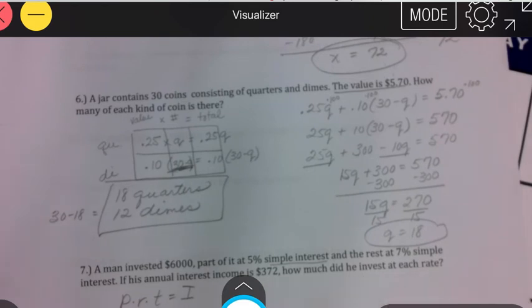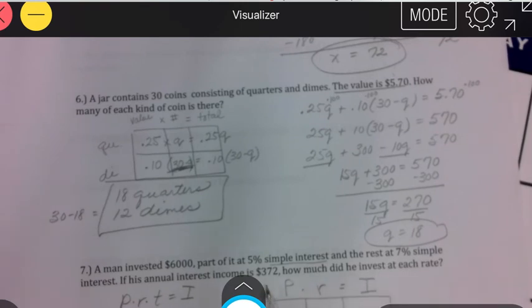Okay. So we have two different rates. We have our 5% rate and we have our 7% rate. Principal times rate times time, but time is equal to 1 year, is equal to our interest.